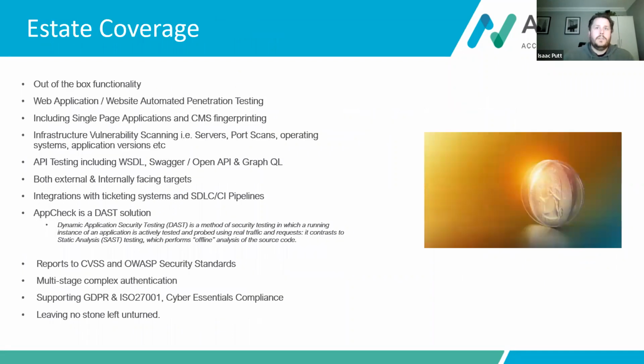So just to give you an overview of what typical estate coverage might look like, out-of-the-box functionality will be presented in a demonstration, so you can see how AppCheck works and how a penetration test would get configured, which we'll come back to shortly. And as mentioned, for the web application and website outer perimeter, we've got some really nice unique points here, such as testing single page applications and being able to fingerprint CMS platforms.